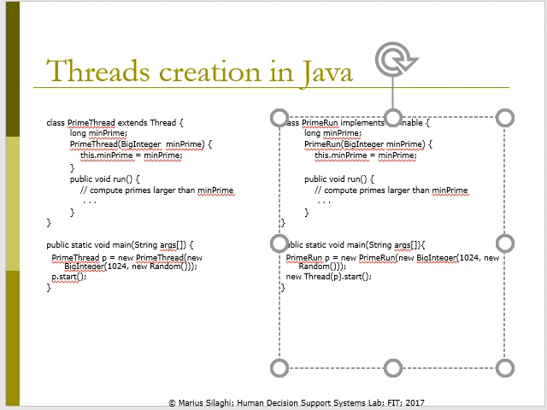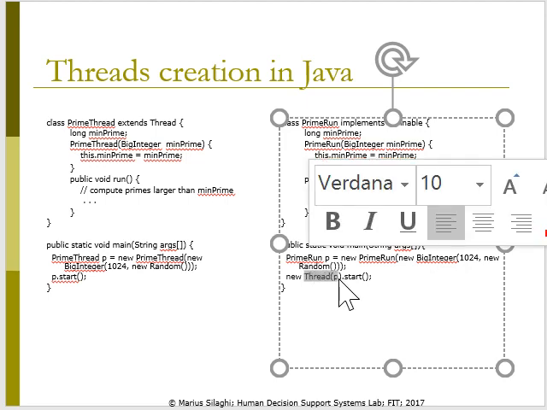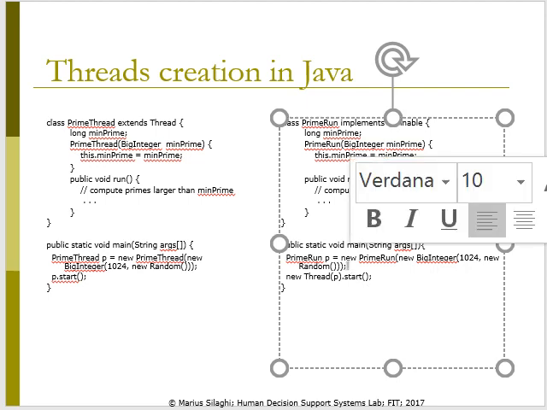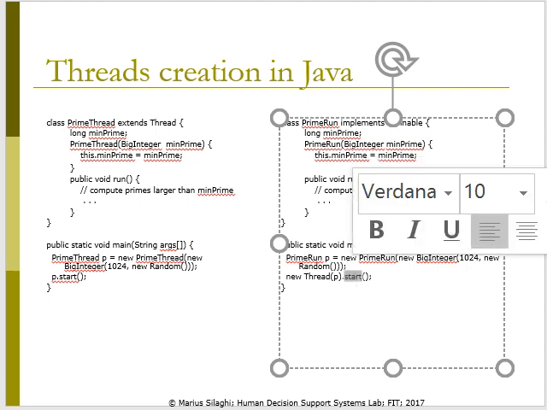With the method implementing Runnable, one has to create a new thread. In the constructor of the thread, one gives as parameter an instantiation of the object of our new class that implements Runnable, and start is called on the thread created in this way.